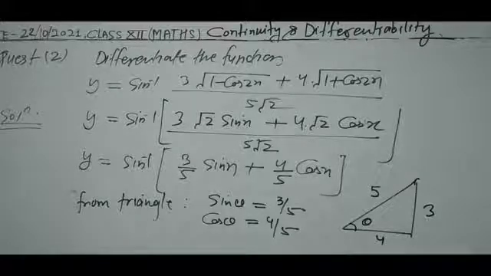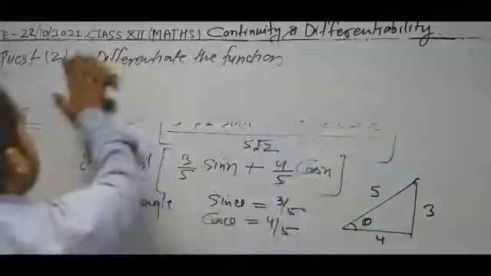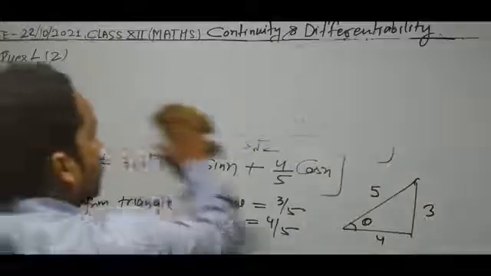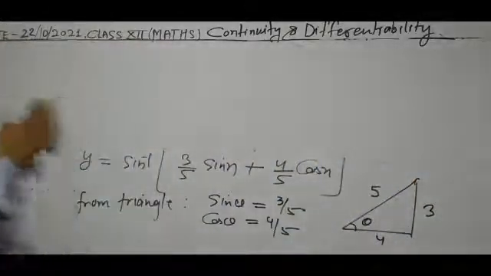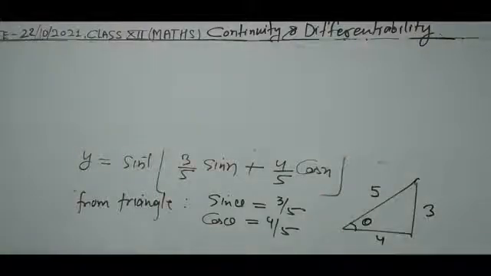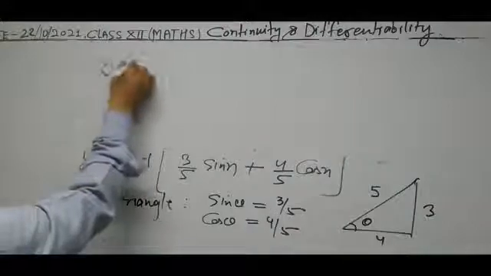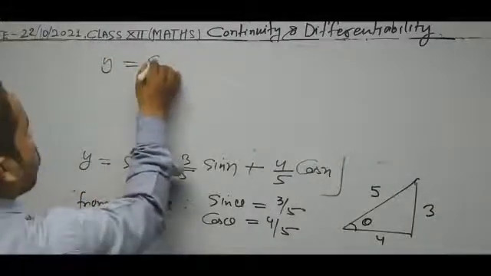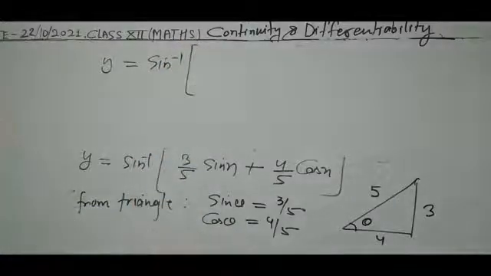Now we can write this expression: y is equal to sin inverse, and this result is 3 by 5.